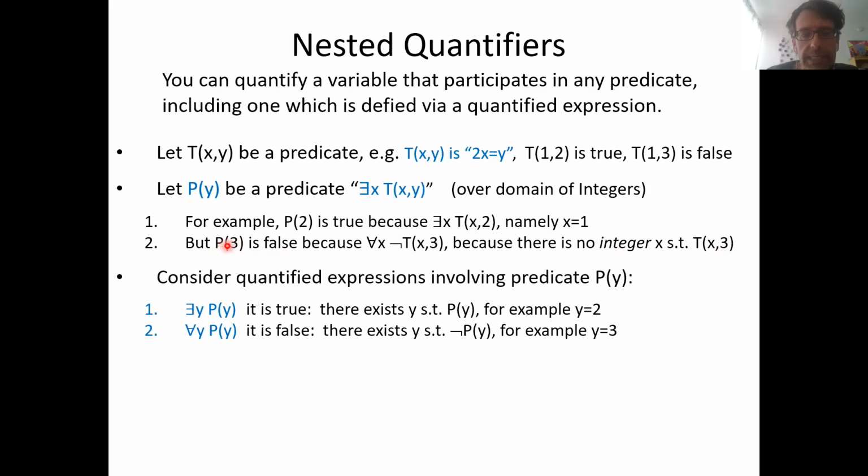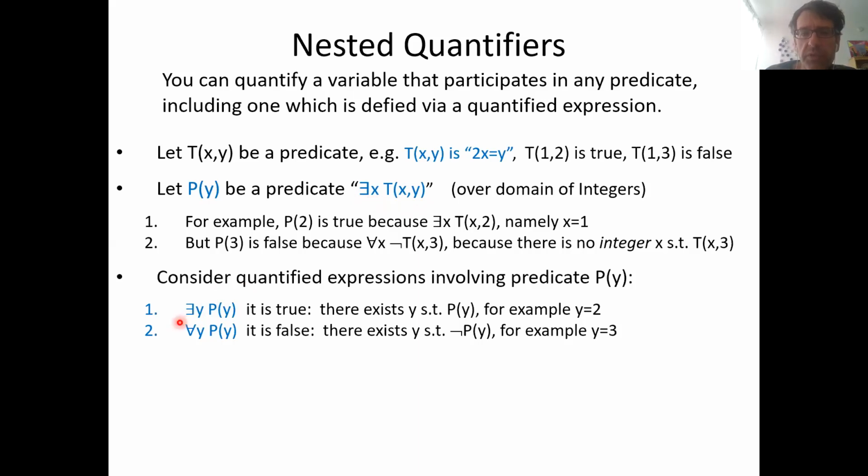Now, that was when I instantiated y to 2 or 3. What if I make a quantified expression involving this predicate? I can state there is a y such that P of y. Again, what was P of y? That was there exists an integer such that y is a double of that integer. So P of y is a statement that says y is a double of something.